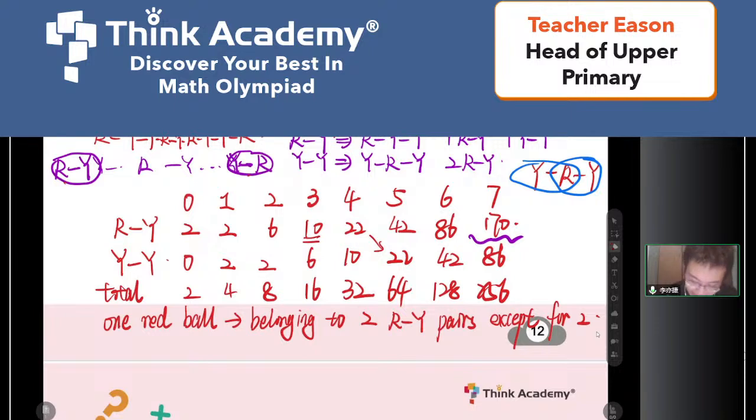Then in these 170 pairs, we just remove the first and last 2 pairs, and then each 2 pairs determine 1 red ball, divided by 2. Then plus back the top and bottom 2. And the answer is 86 red balls.